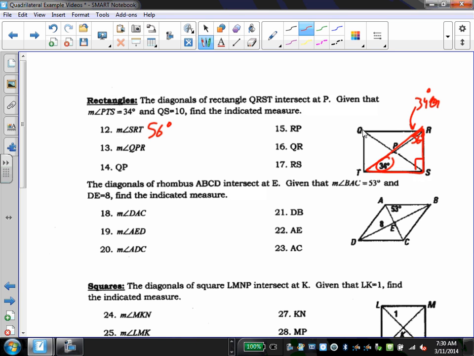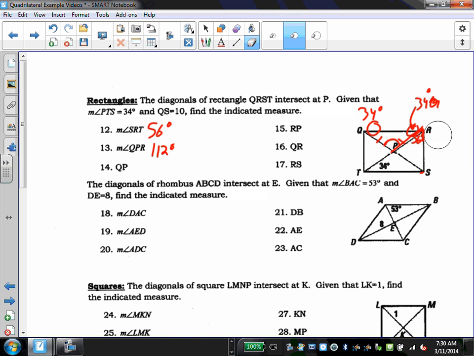Now, given that rectangles work the way that all of the diagonals are split into these even pieces, we know that since this angle here is 34, this angle over here is also going to be 34 degrees. Which means, here we have another triangle. If we want QPR, we just have to do 180 minus 34 minus the other 34, which will give us 112 degrees. So there we have those two angles.